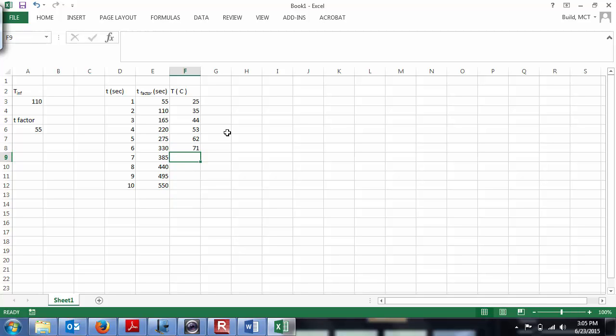Let's just say 71. I'm kind of making these up. 80. And it starts to slow down. 85. 95. 110. Something like that. That's just your raw data.